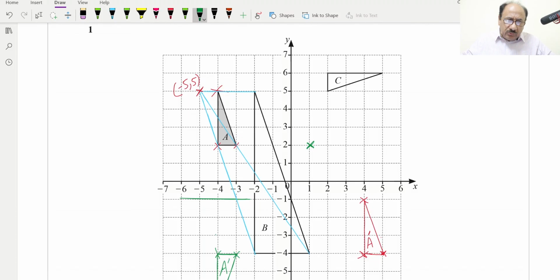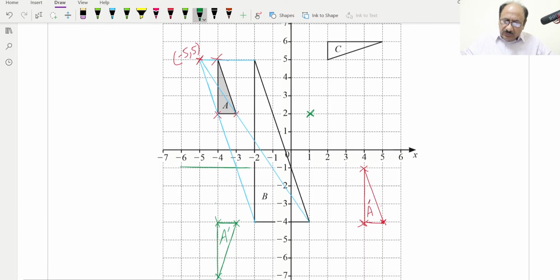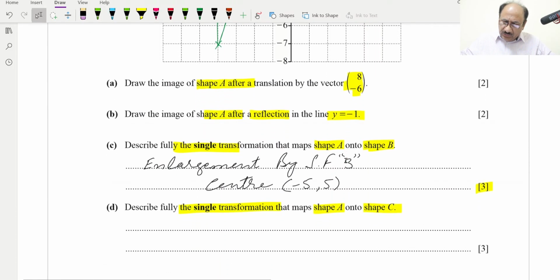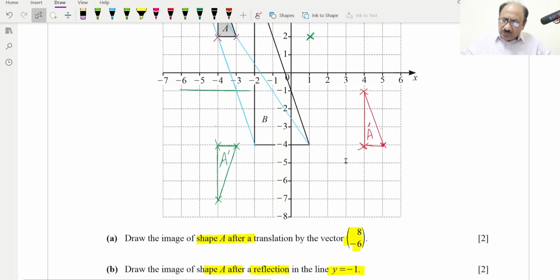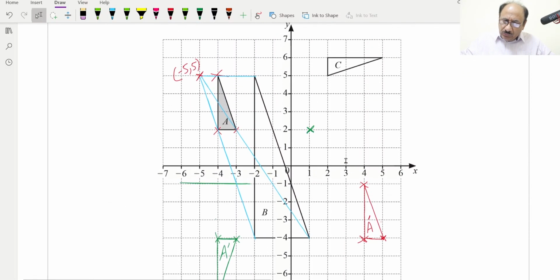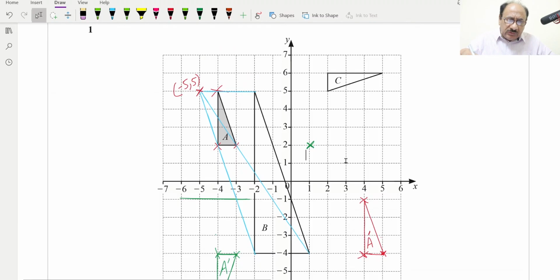Describe fully the single transformation that maps A onto C. So A onto C. This shape will be rotated to this one, and this will be 90-degree clockwise, and the center of rotation we can take as (1, 1).